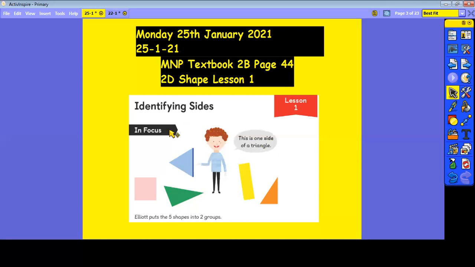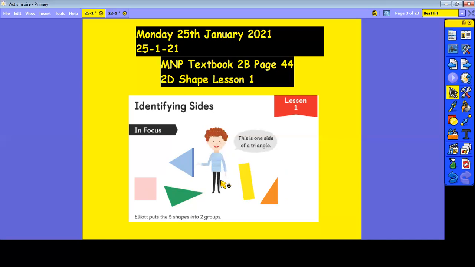So for a little look at the in focus task together, we can talk about sides and how we can sort the shapes according to the number of sides that they've got. So here we have 1, 2, 3, 4, 5 different shapes.